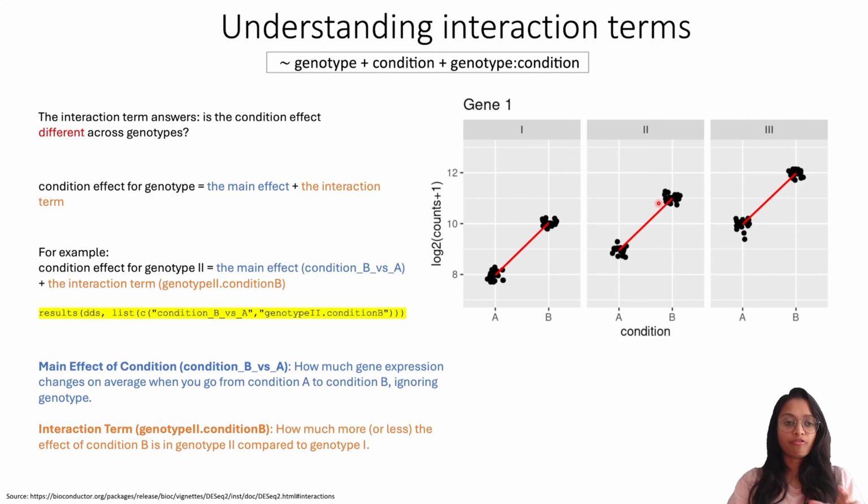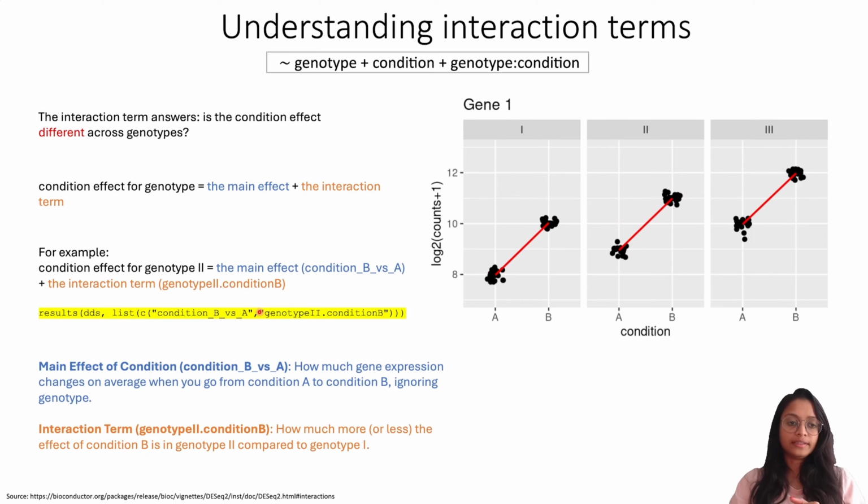The main effect here is how much gene expression changes on average when you go from condition A to condition B, ignoring genotype. And for the interaction term, let's take an example to understand the condition effect for genotype 2. So here we are interested in understanding whether the condition effect is different in genotype 2.